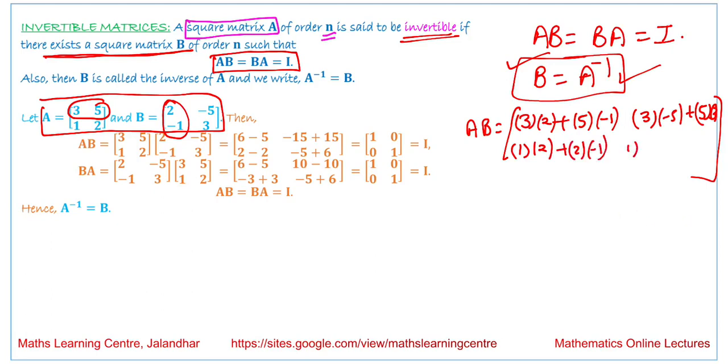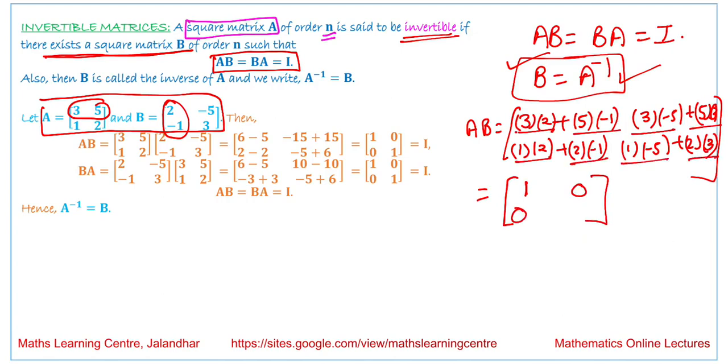Next is 1 into minus 5 plus 2 into 3. If we multiply these terms, we get 6 minus 5, that is 1. This term we get 0, this term we have 0, and this term we have 1. So this is equal to I.